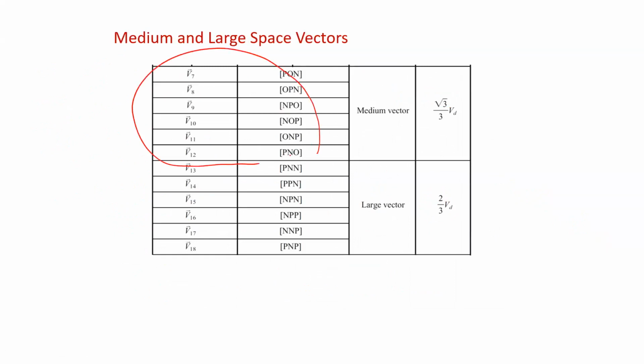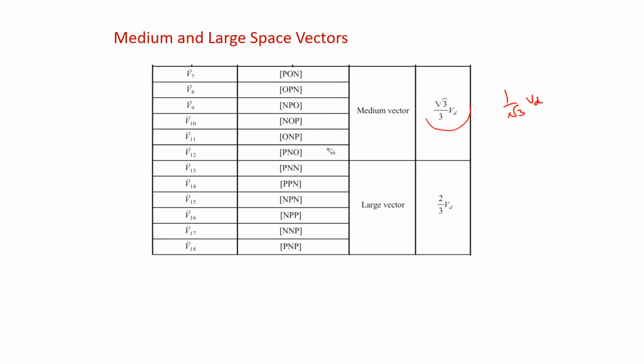There are 6 medium vectors: P0N, 0PN, NP0, N0P, and 0NP. It consists of N, P, and 0, all 3, and its magnitude is equal to 1 by root 3 VD.